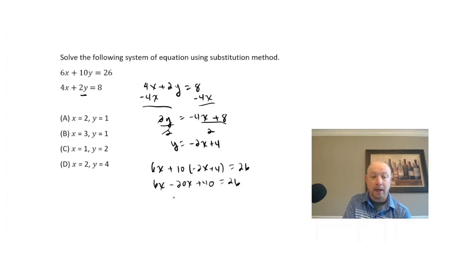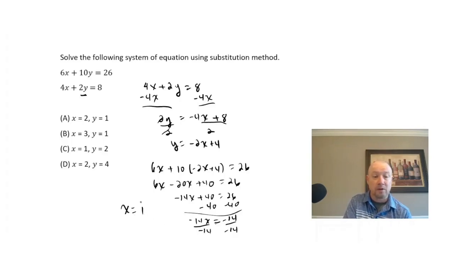So 6x minus 20x is negative 14x plus 40 equals 26. I'm going to subtract 40 from both sides, and I would get negative 14x equals, and then 26 minus 40 would be negative 14. So divide both sides by negative 14, and I'm going to get x equal positive 1.